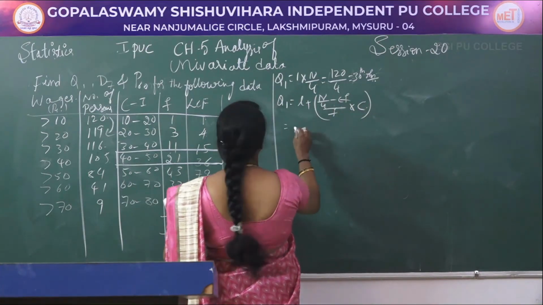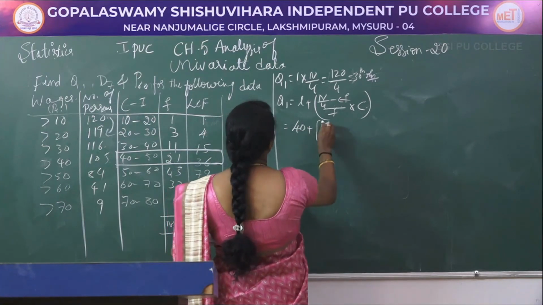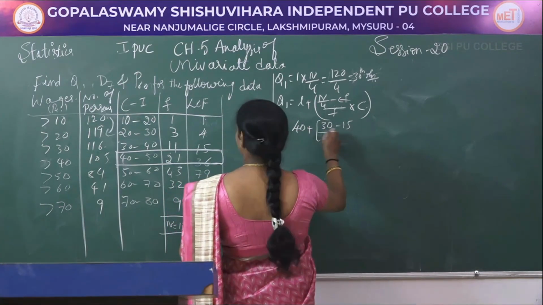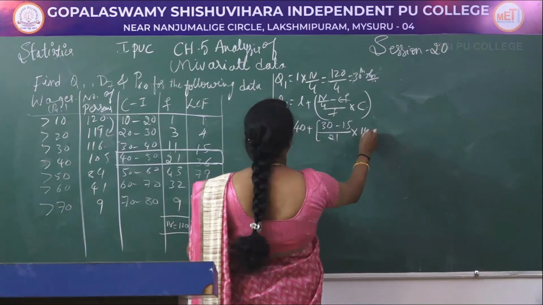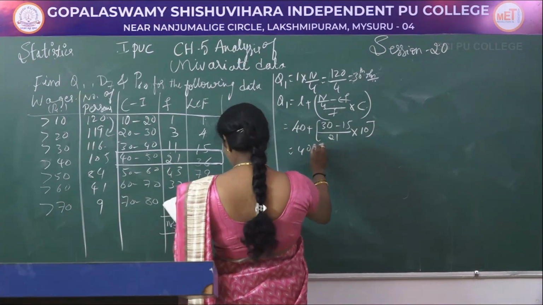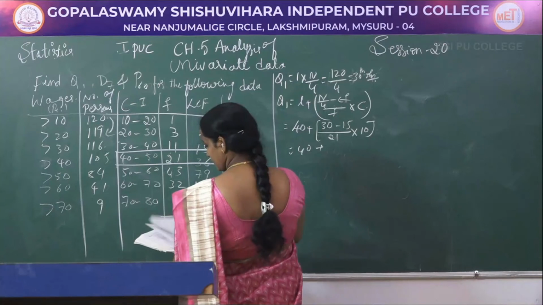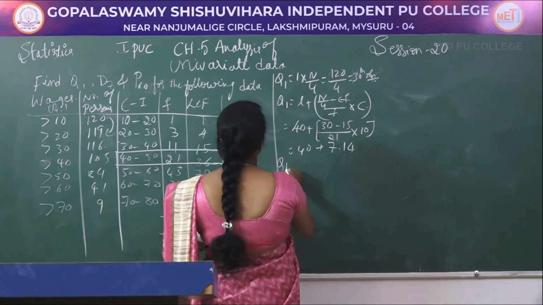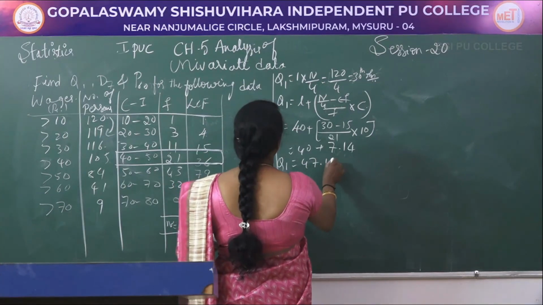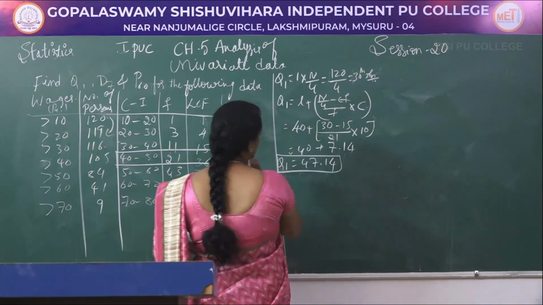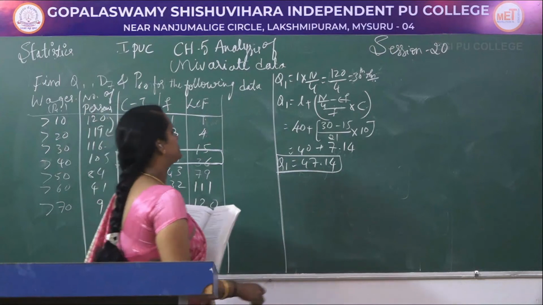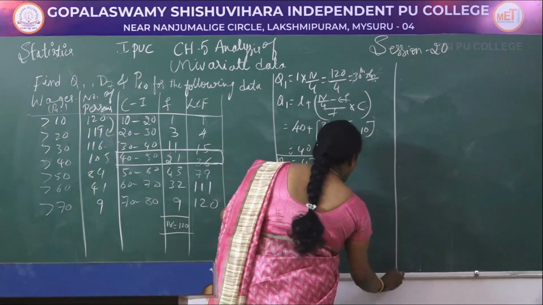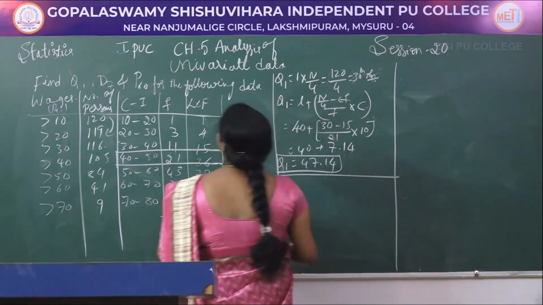L is the lower limit 40, so 40 plus 30 minus 15 divided by 21 into 10, which is 40 plus 7.14. So Q1 is equal to 47.14.